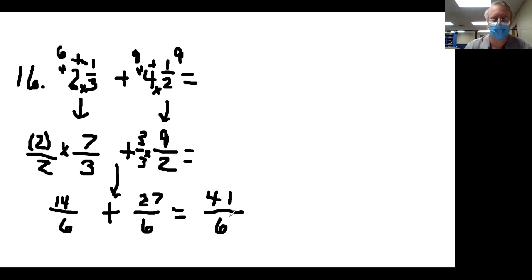Because the numerator here is larger than the denominator. The numerator has to be lower, and the denominator higher. So in order to get that, this is 41 divided by 6.